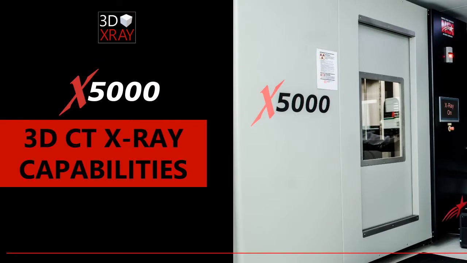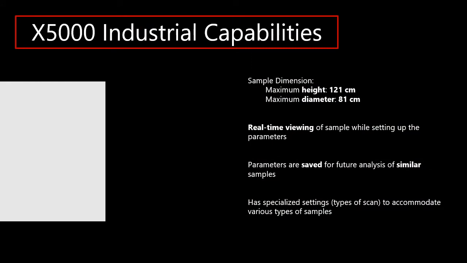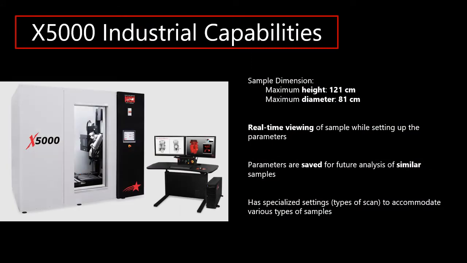Introducing the newer and latest equipment in ADMATEL. This is the 3D CT X-ray X5000 manufactured by North Star Imaging. Our NSI X5000 industrial capabilities: it can fit samples up to 121 centimeters in height and a diameter of 81 centimeters.